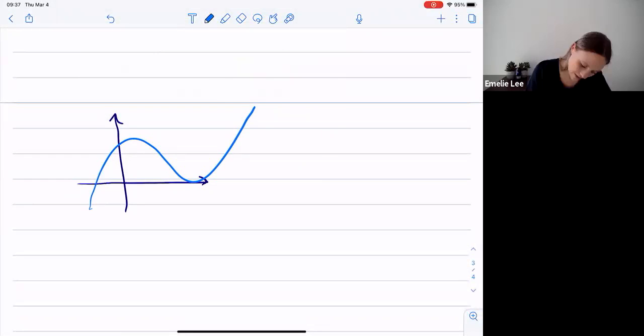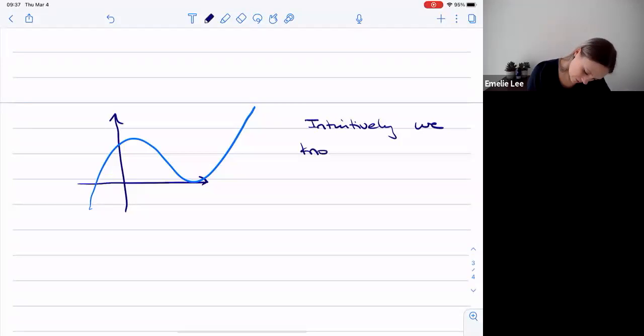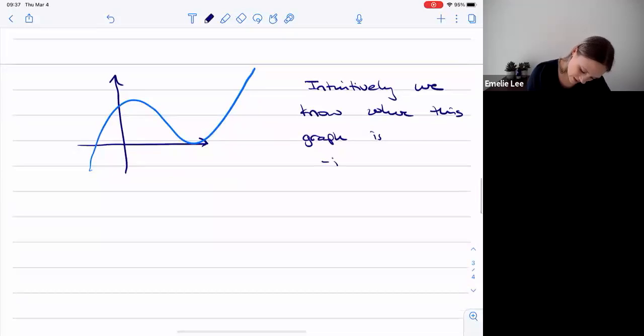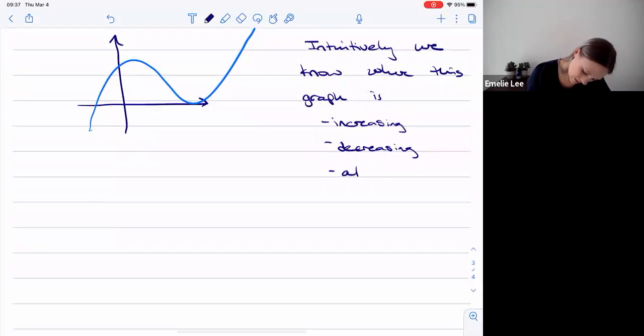Intuitively, we know where this graph is increasing, decreasing, at a maximum or a minimum.